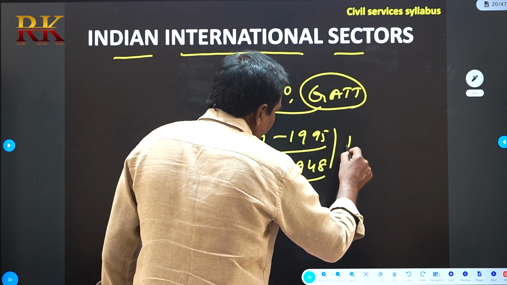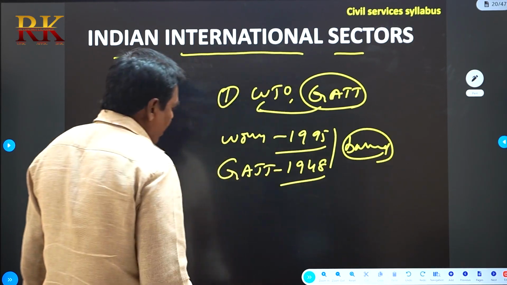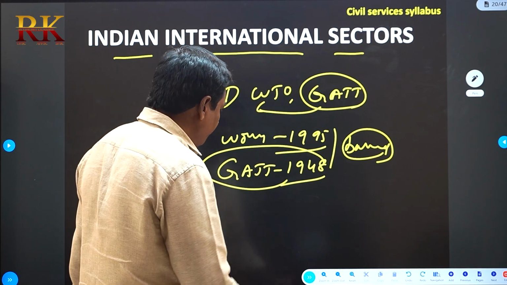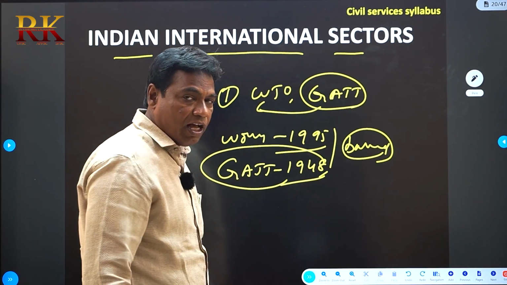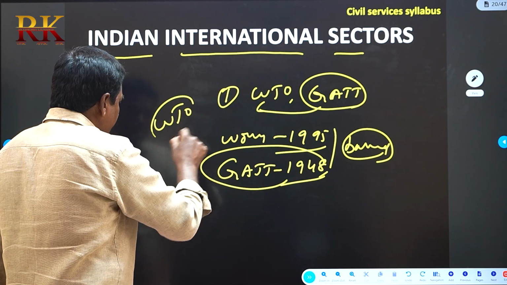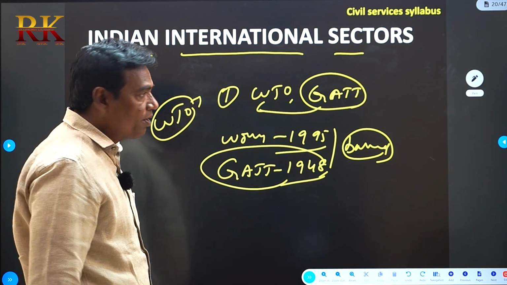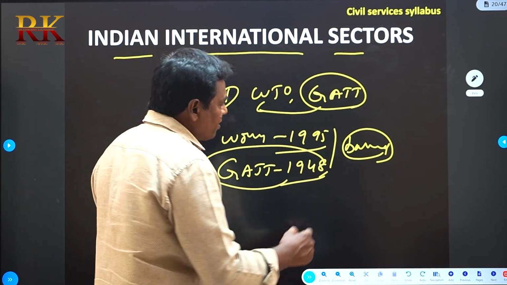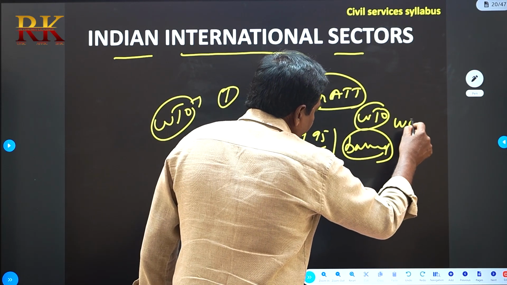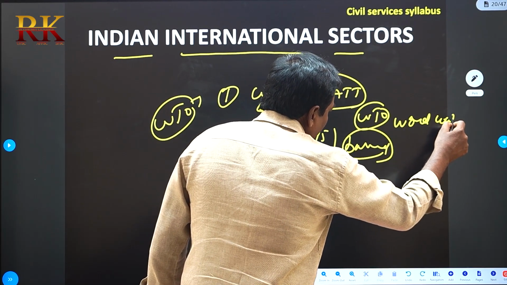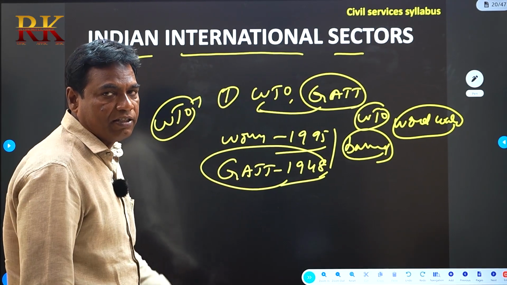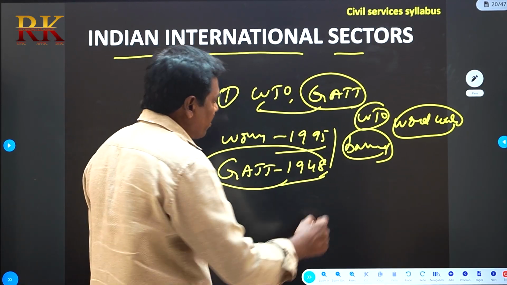India is a member of both. India first got membership in GATT in 1948, and after that also became a member of the WTO. The WTO is the world watchdog for international trade, security and difficulties.